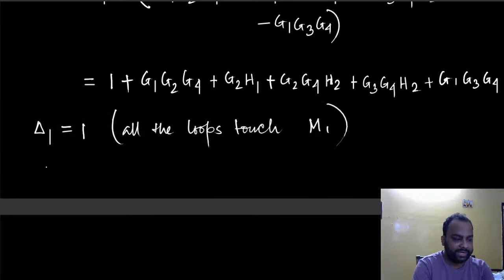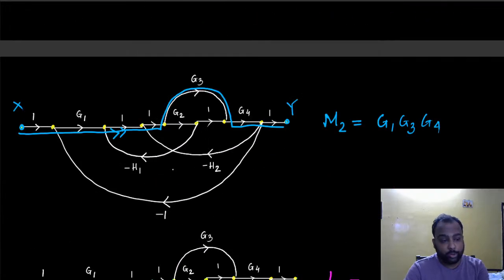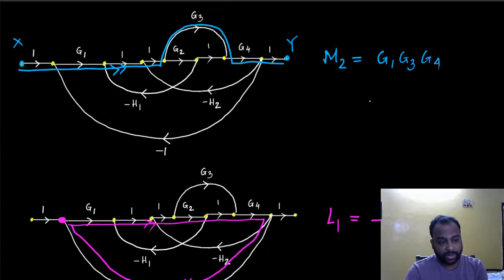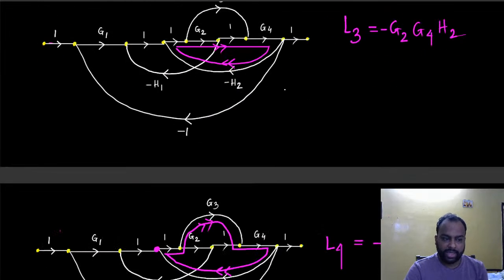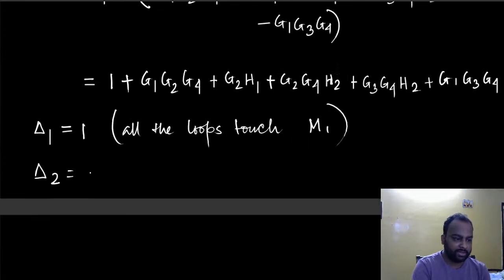Similar to that, what would be the value of delta 2? Again, let's go back. What is M2? M2 is the second forward path, right? So this is the second forward path. And do I have any loop that does not touch the second forward path? The answer is once again no. Every loop that I have here would touch the second forward path. So it would be the same, 1, because all the loops would touch M2, right?